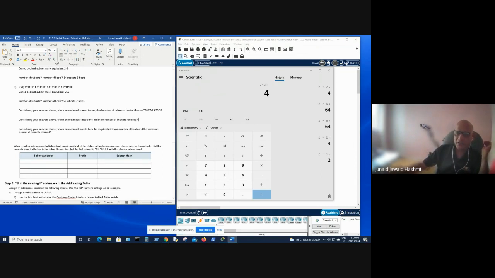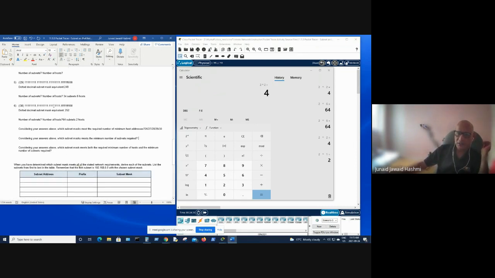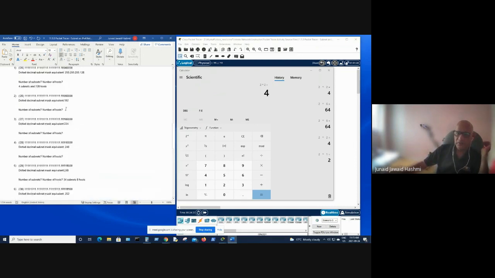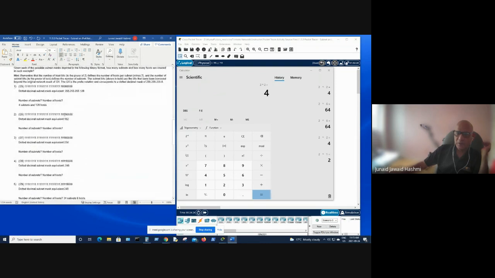So here, if we borrow, this is what we did. If we borrow 2, 24 plus 2 is 26, so it will give you the required number. Okay. /26. 24 plus 3, here you see we borrowed 3. 24 plus 3 is 27.